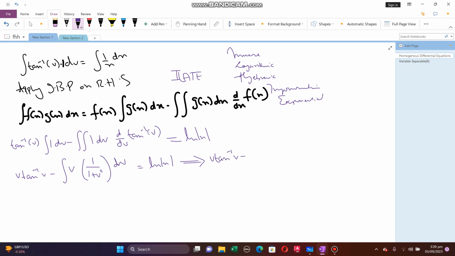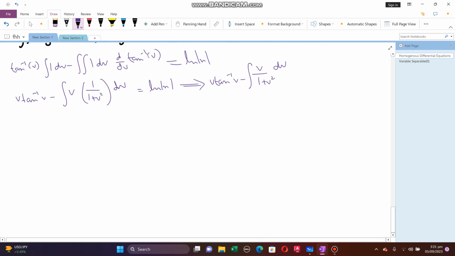So v tan inverse v minus the integral of v over 1 plus v square dv. Now we need to multiply and divide this by 2. So v tan inverse v minus 1 by 2 times the integral of 2v over 1 plus v square dv is equal to natural log of x.